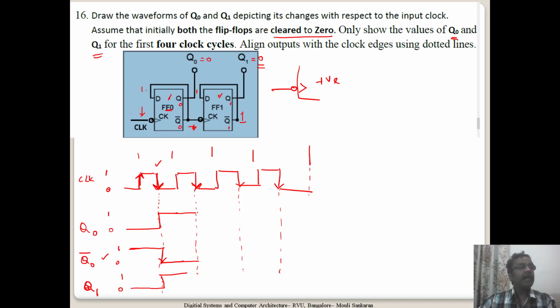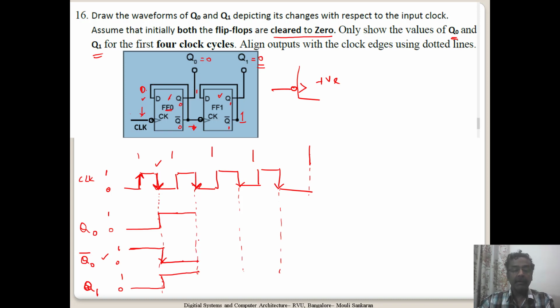Now, when this happens, what will be the value of Q naught? Q naught is going to latch the value which is there in D. Now, what is the value? That is Q naught bar. Q naught bar is currently 0. So 0 will be waiting at this during the time when the transition happens.